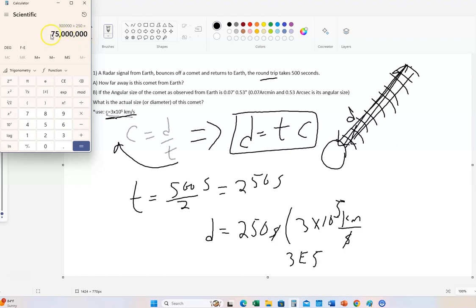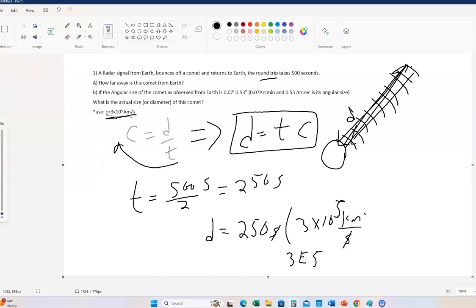So the answer d turns out to be 75 million. So here, let me write the answer right here. This is 75 million. I'll put the zeros just for the heck of it. Million kilometers.